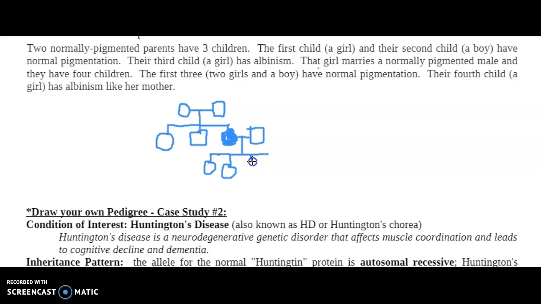Third one is a boy. And it says the 4th child is a girl who has albinism like her mother. So child number 4 is a girl. Another circle. And she has albinism, so we're going to color her circle in.